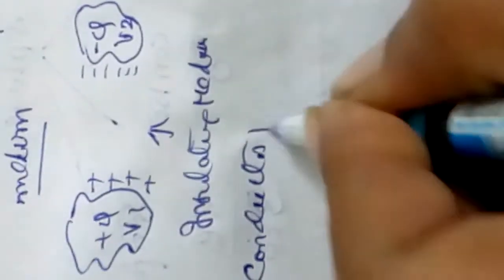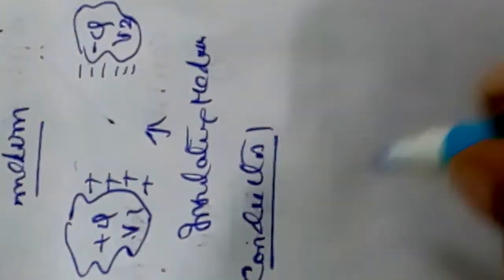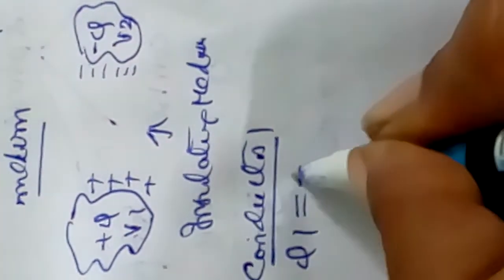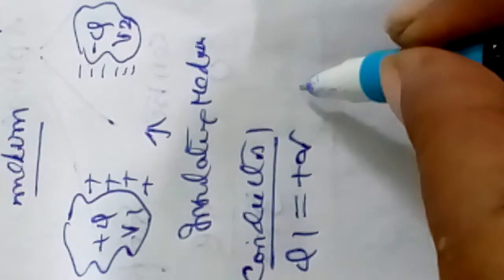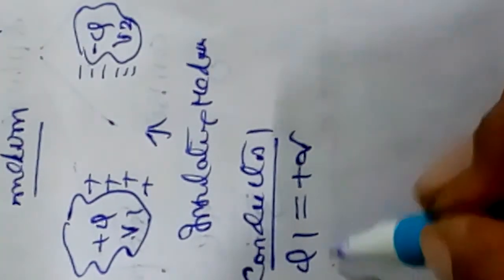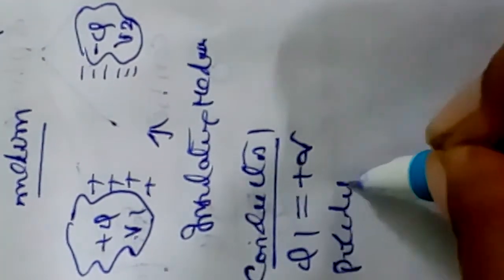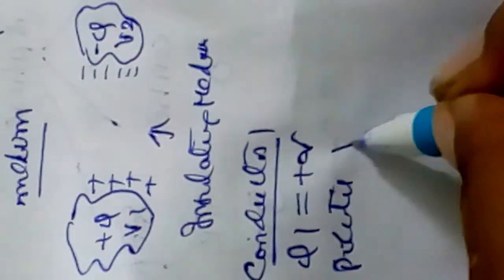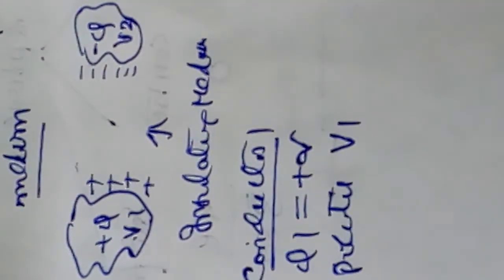Now if you take conductor 1, its charge is plus Q. Its potential we are calling V1.